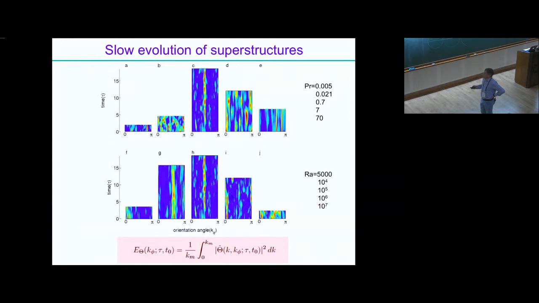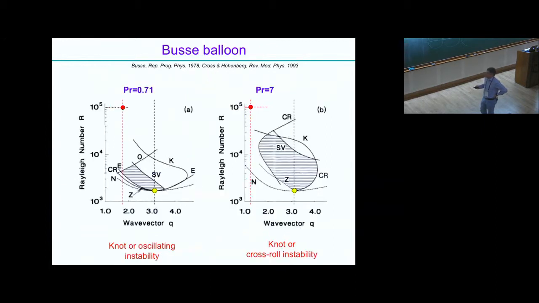So currently we are trying, let's first recall where we stand in terms of the Busse balloon. The Busse balloon is basically this shaded area here for two Prandtl numbers. I have taken that picture from the review article of Cross and Hohenberg.